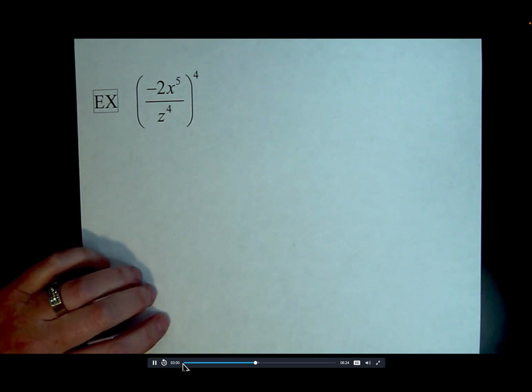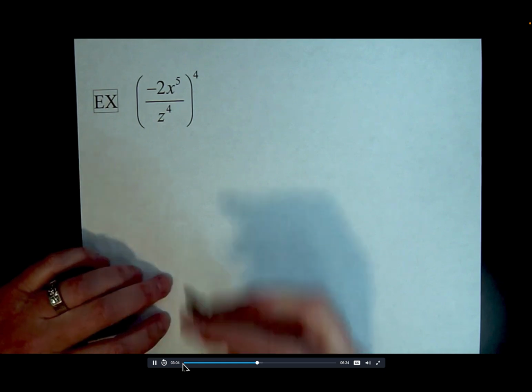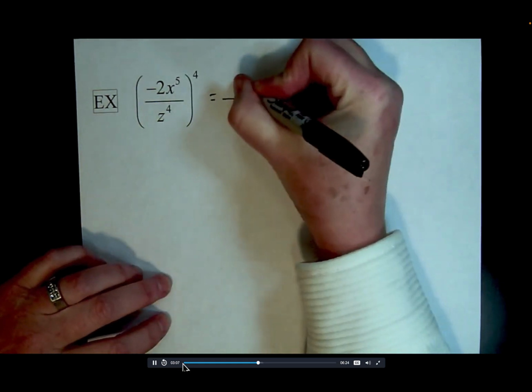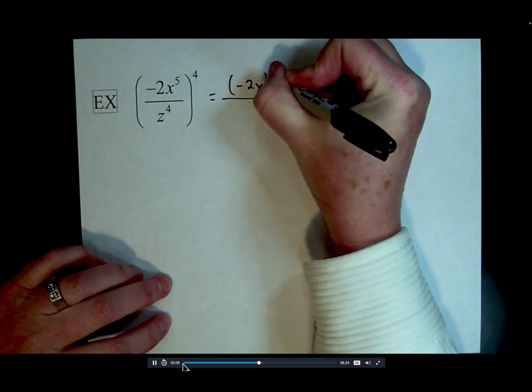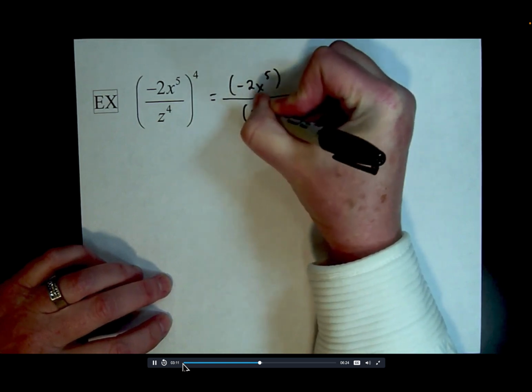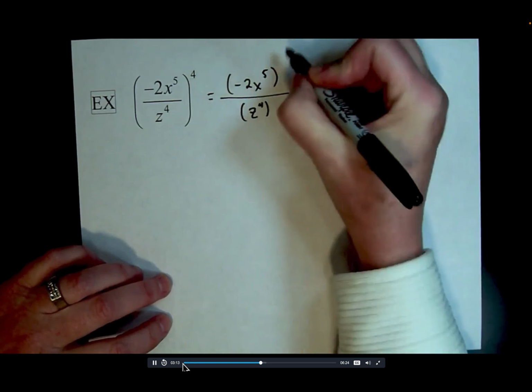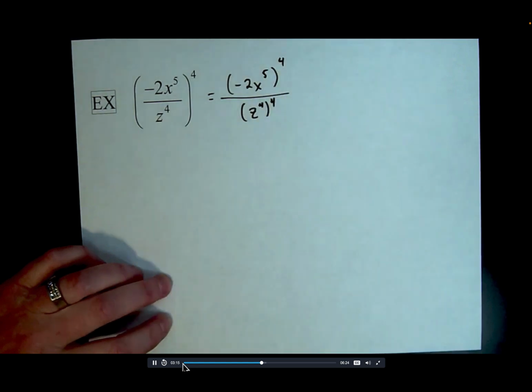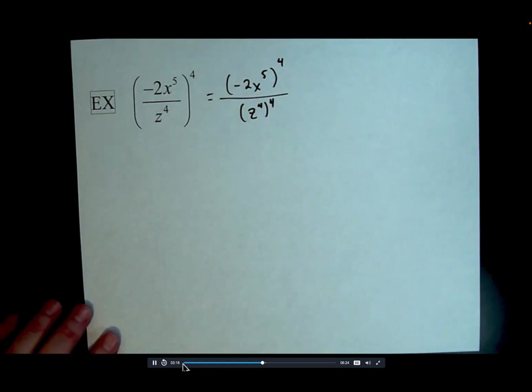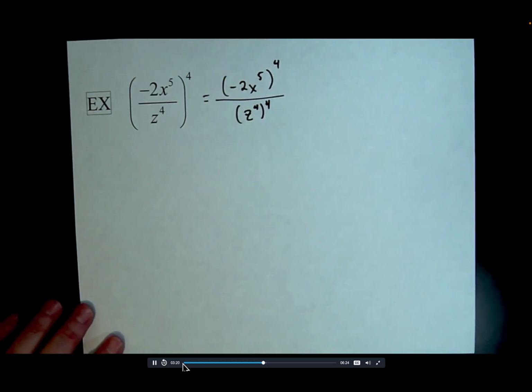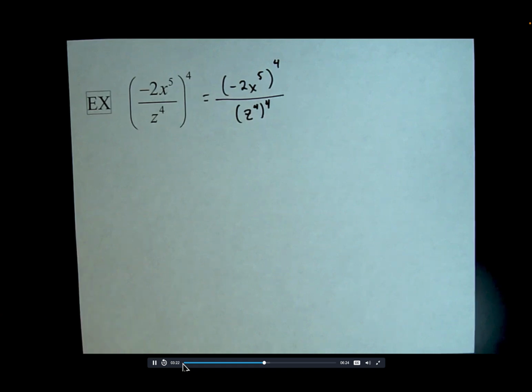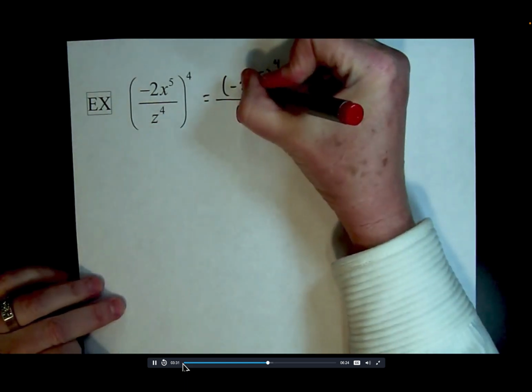If you look at rule 4 at the top of the page, that says in a fraction raised to a power, both the numerator and the denominator take the power. So both the numerator and the denominator are raised to the 4th power. Now, working from the top down, in the numerator I have a product: -2 times x to the 5th.